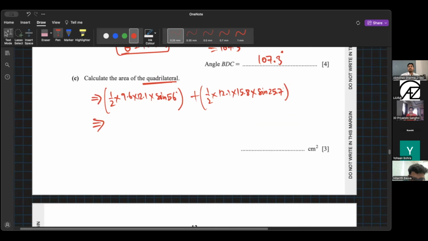So let's do this. Bracket 0.5 into 9.6 into 12.1 into sine 56, bracket close, plus again half into 12.1 into 15.8 into sine 25.7, bracket close, and the answer is 89.6.